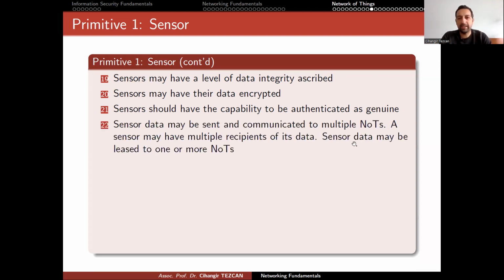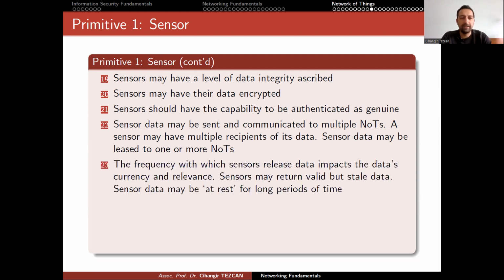Sensor data may be sent and communicated to multiple network of things. A sensor may have multiple recipients of its data. Sensor data may be leased to one or more network of things, if, for instance, related companies can share their data this way and so on. The frequency with which sensors release data impacts the data's currency and relevance.